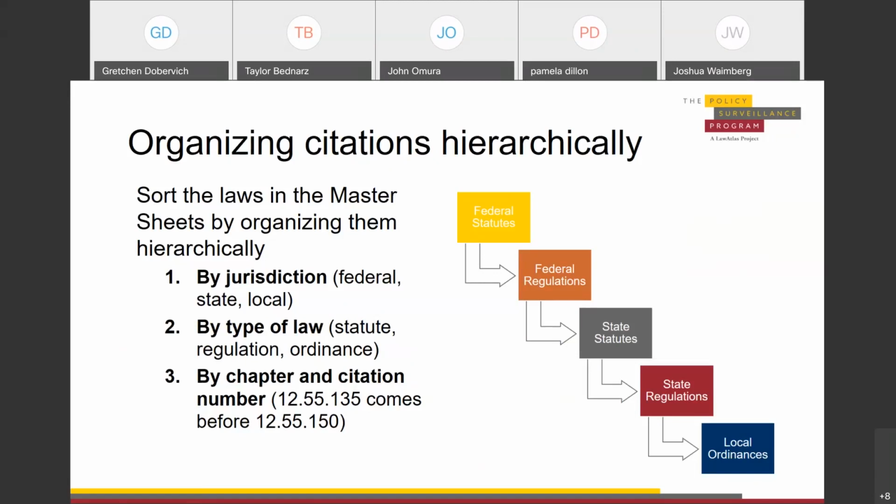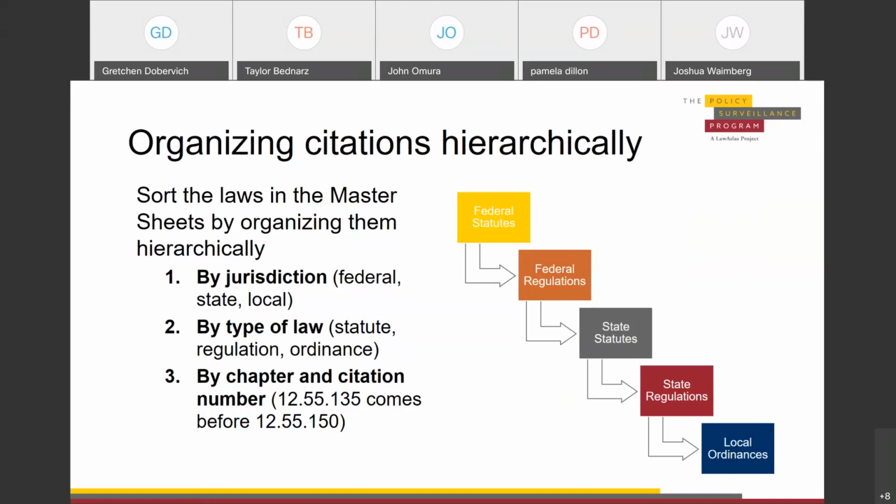And then it's also important to remember, when we talk about organizing citations hierarchically, that collecting the law generally may not be as simple as following one citation. Laws on a topic may sometimes come from different chapters. So to understand all of what the law says on a specific topic or issue requires connecting those pieces of the puzzle throughout different regulations, statutes, and ordinances.